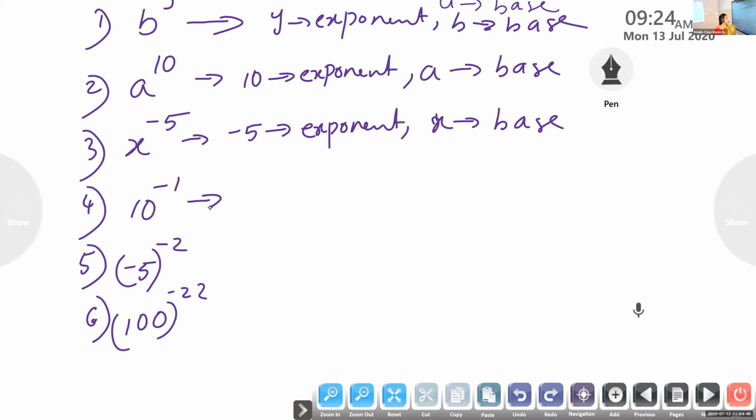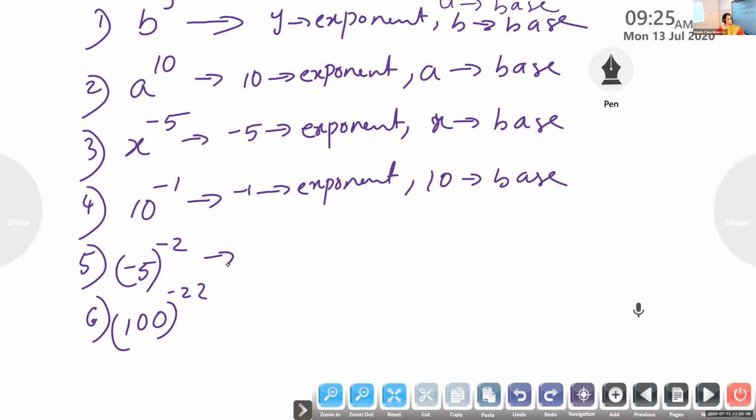Fourth one, 10 raised to -1. Vinayak, what is the base and exponent in 10 raised to -1? -1 is the exponent. 10 is the base.